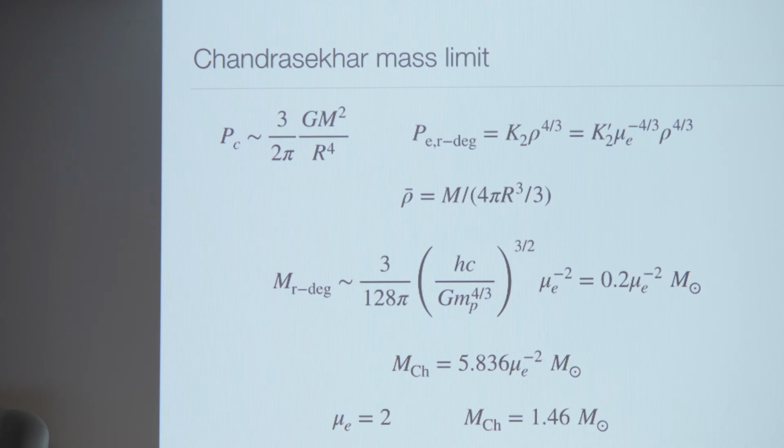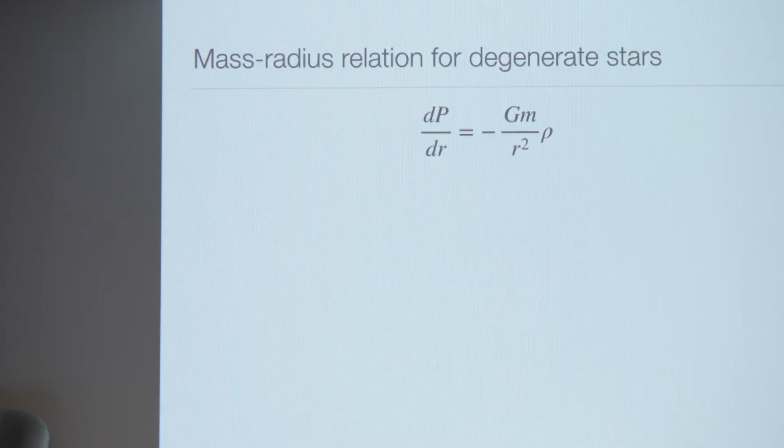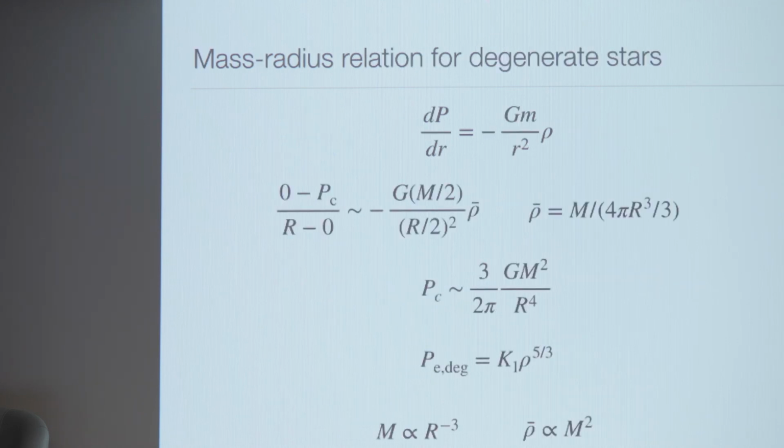If there's a white dwarf which is supported by the degenerate pressure, as the density increases, at first the radius of this white dwarf will decrease, and the density will increase as the mass gets higher and higher.